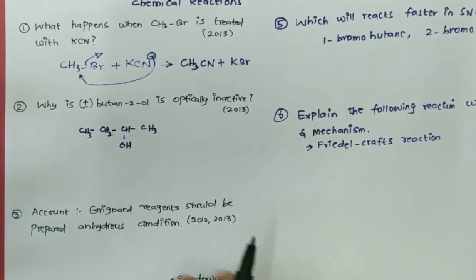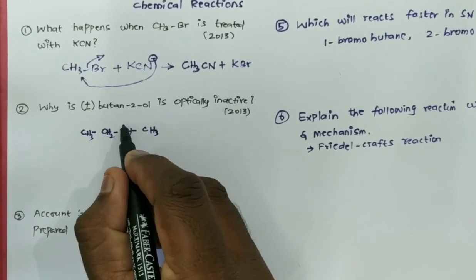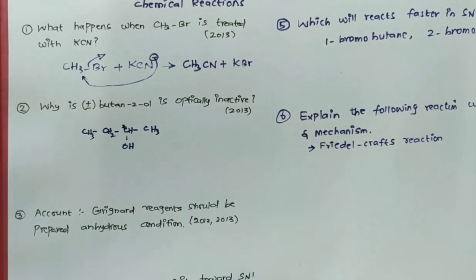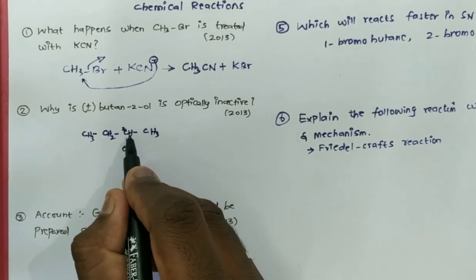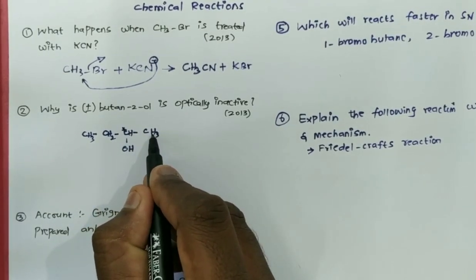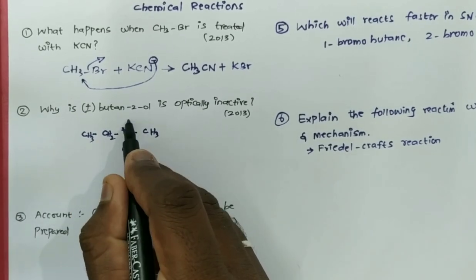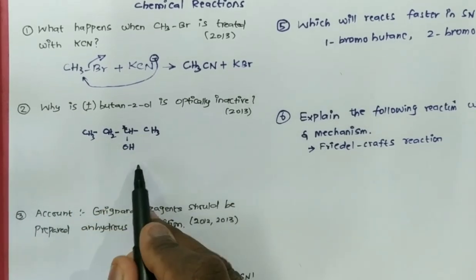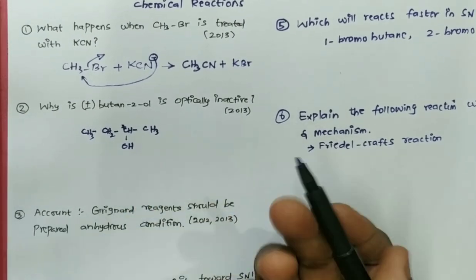Now in butan-2-ol, this carbon will be considered a star carbon. Around this carbon atom, one is a methyl group, one is an OH group, one is a CH2CH3 group, and one is hydrogen. Now this carbon is a chiral carbon, and a chiral carbon means it is optically active.